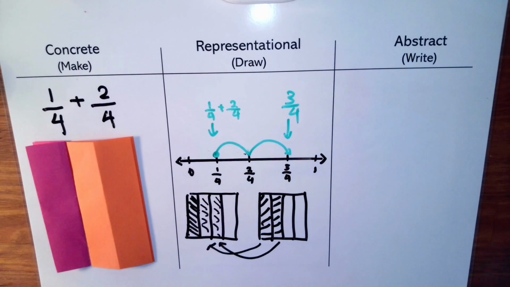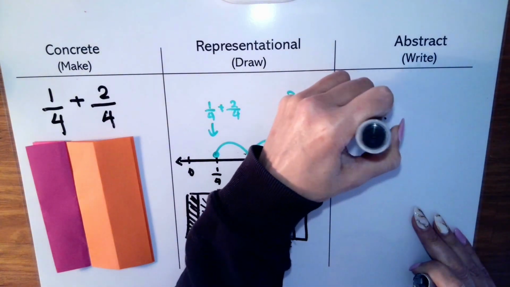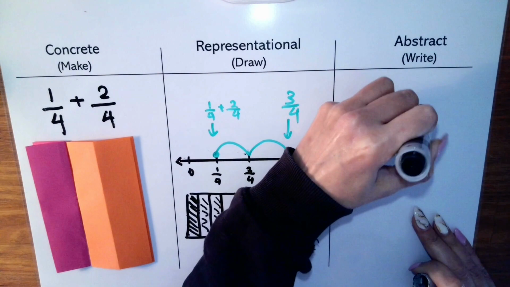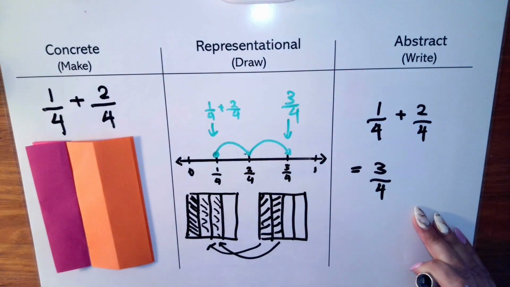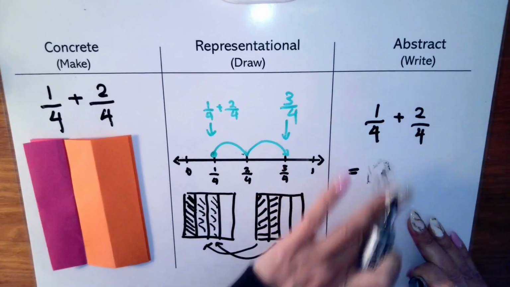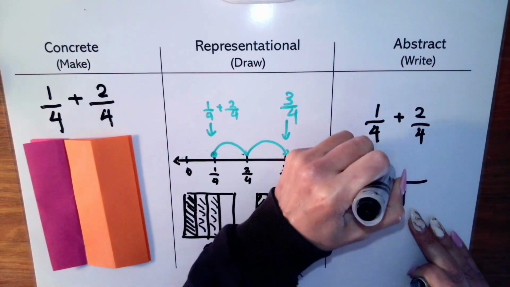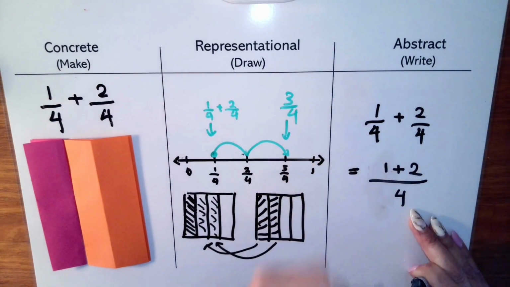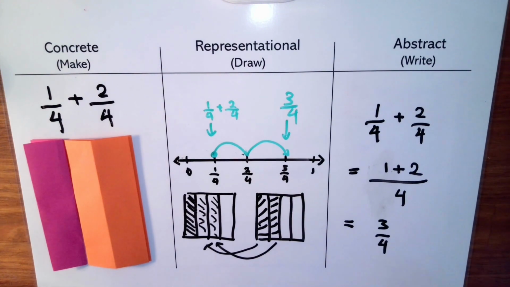So that is how they would represent it on their number line. And then under their abstract, they would just write 1/4 plus 2/4 equals 3/4. Or they could do this if you really want them to present it fully, like that, 3/4. So just different ways of representing things.